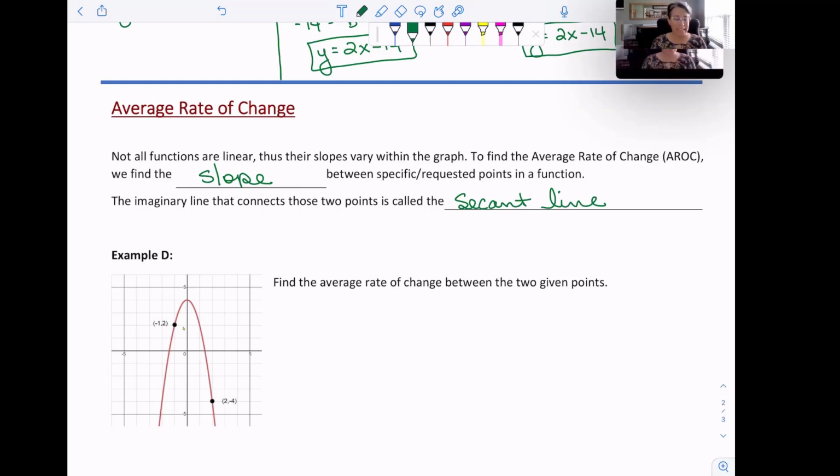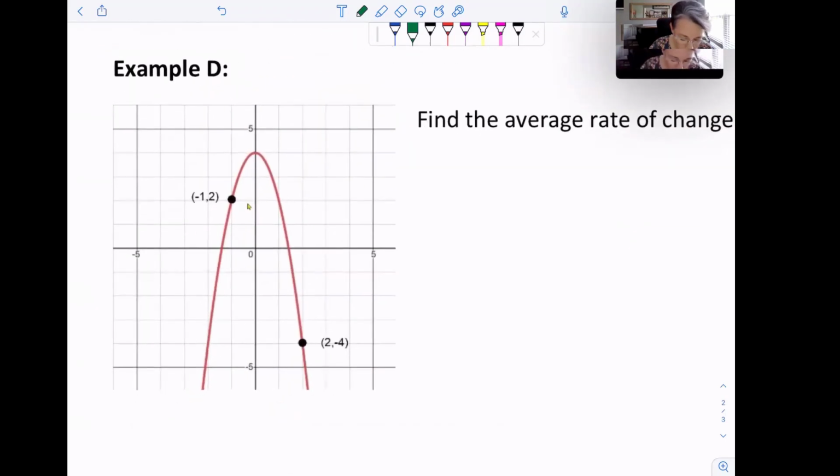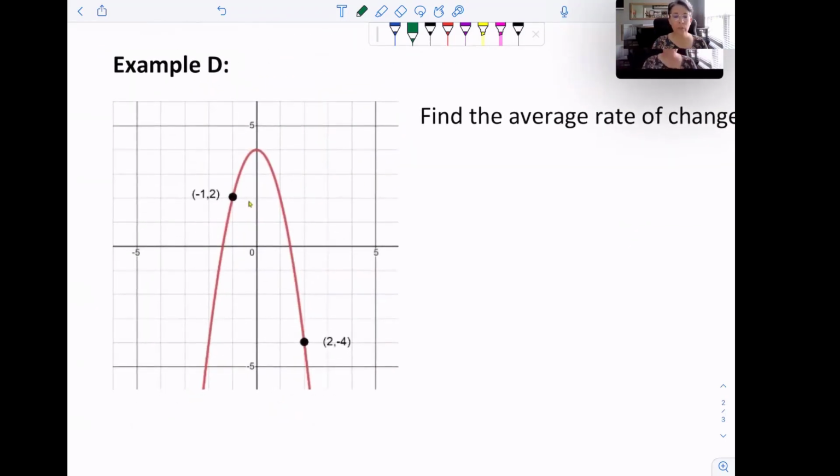So in example D, we have this nice little parabola, upside down parabola, and it's asking us to find the average rate of change between the two given points. Now, those two given points are (-1, 2) and (2, -4). So if I were to just draw a little dotted line between those 2 points, that is the secant line.